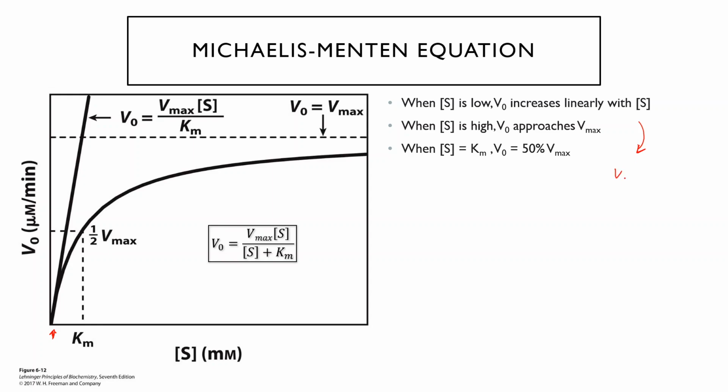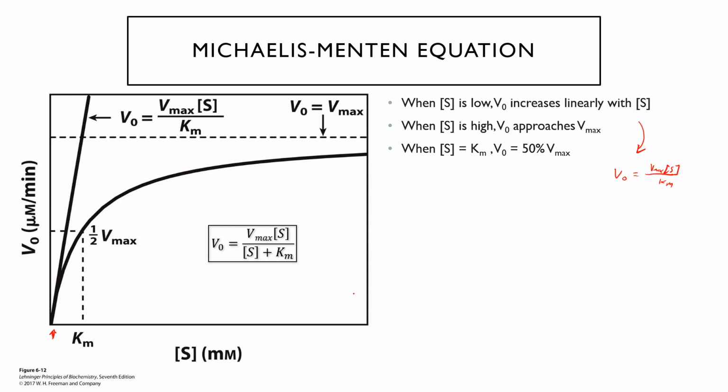So we can say V0 just is equal to Vmax times substrate concentration over Km. And that's what this looks like here. So this line basically is linear, because now V0 is just dependent on the substrate concentration directly. In other words, the substrate concentration goes away on the bottom part of that ratio.